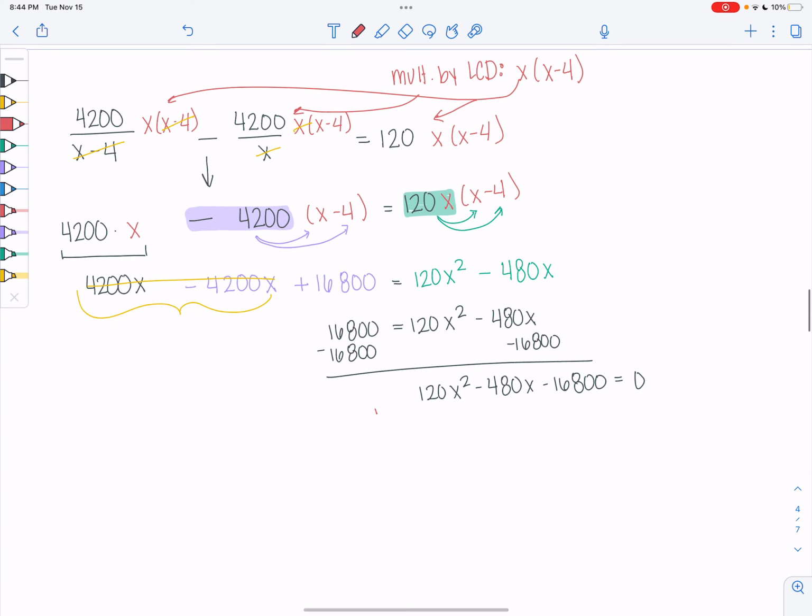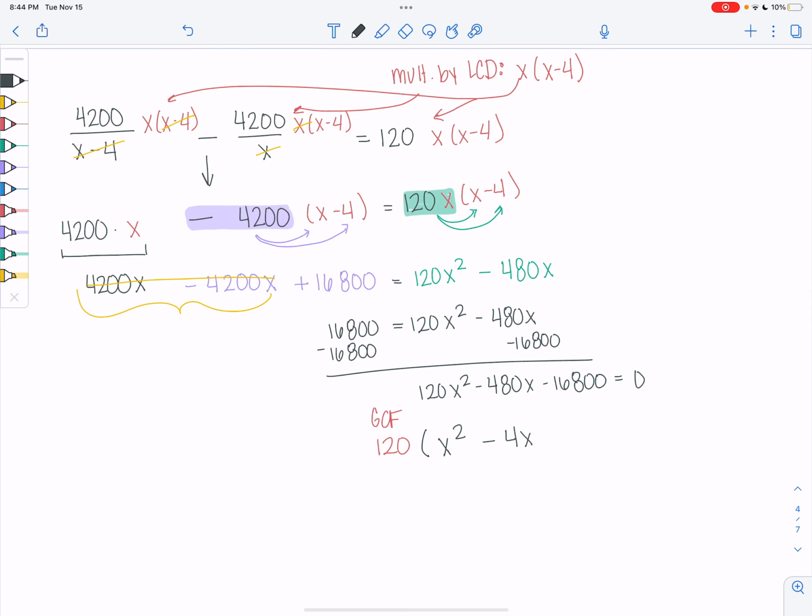So I've got a GCF of 120, which is going to give me x squared minus 4x minus 140 equals 0. I can divide by that 120 and just get that thing out of the way.